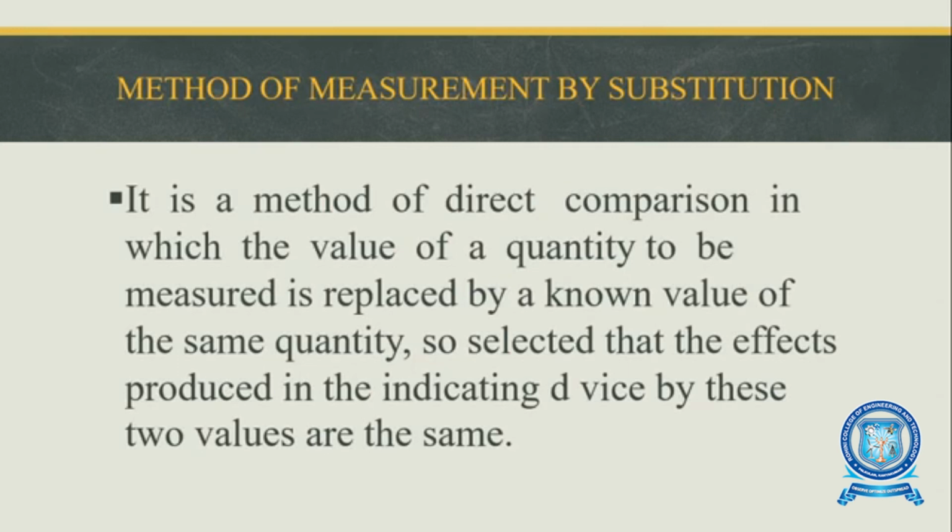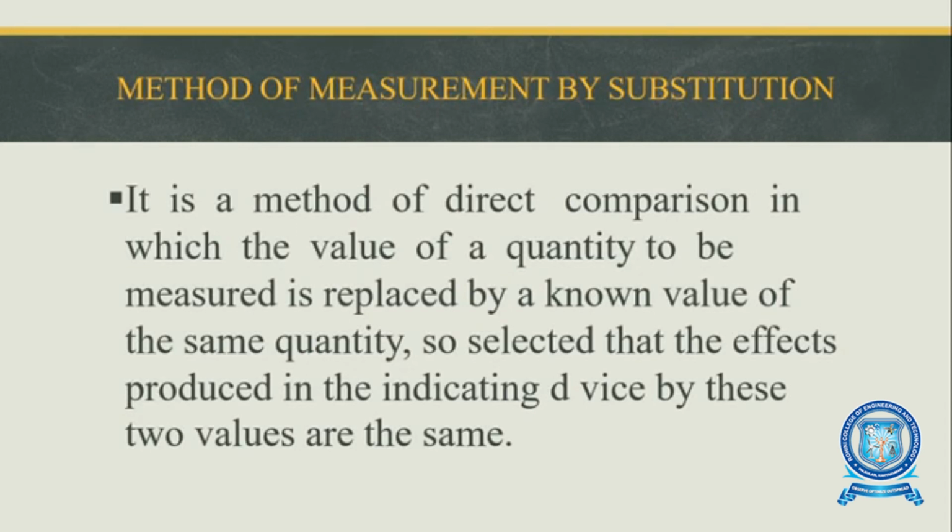After getting the value of some object or product, the measured value is replaced by the known value of the same quantity, so that the effects produced in the indicating device by these two values are the same.